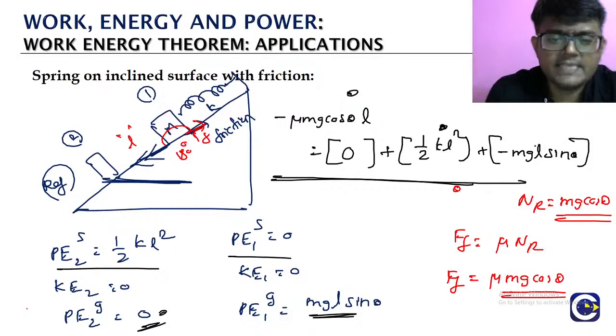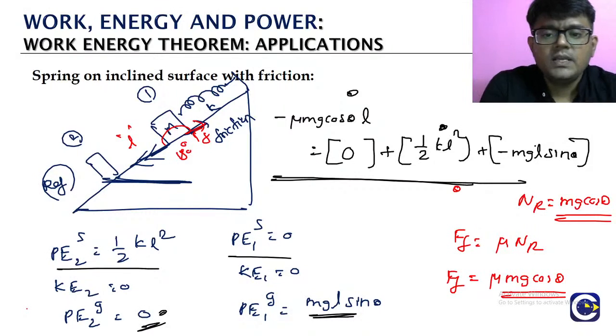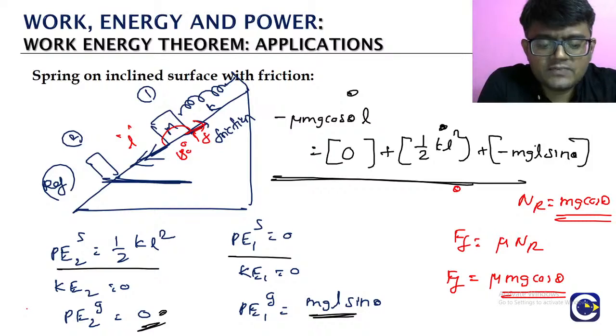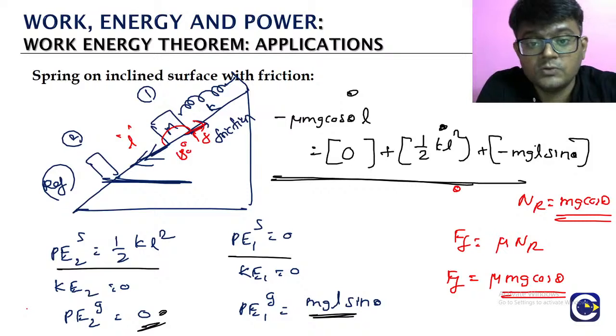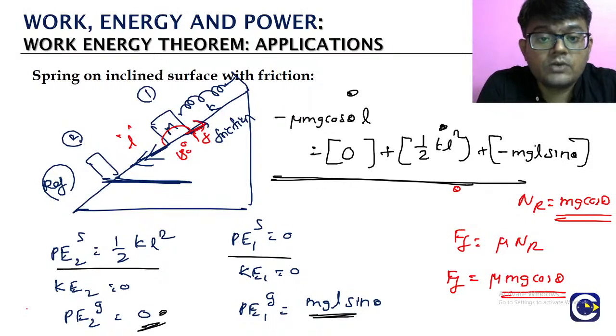So we'll see in the next class. The crux of the chapter in terms of the work energy theorem is over, so you can start solving problems from the CONCEPTREE material, or the past year questions, or whatever resource you are practicing from.